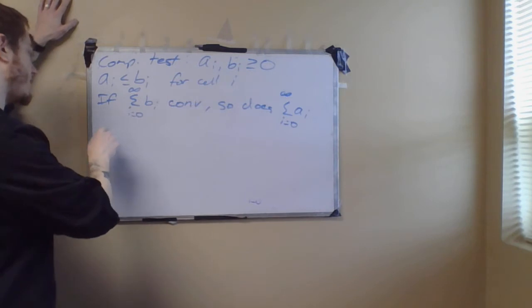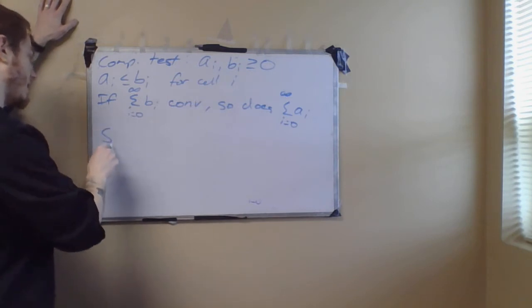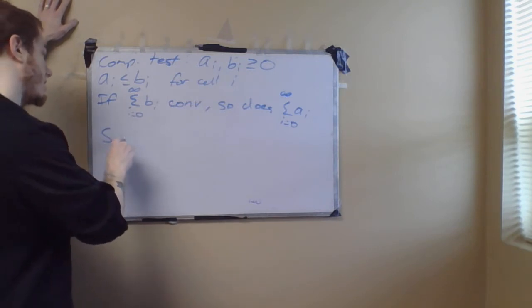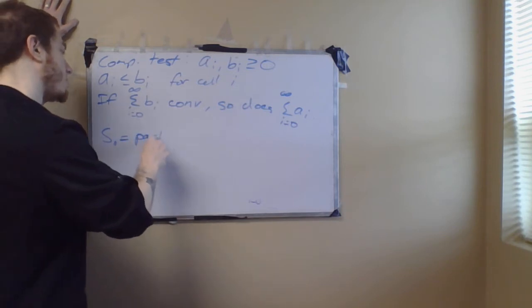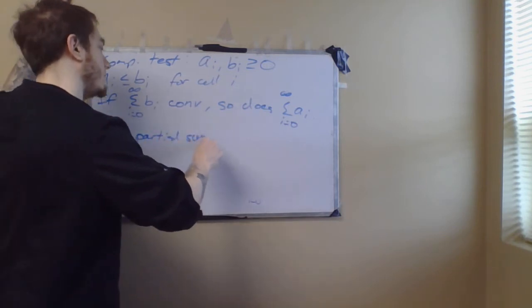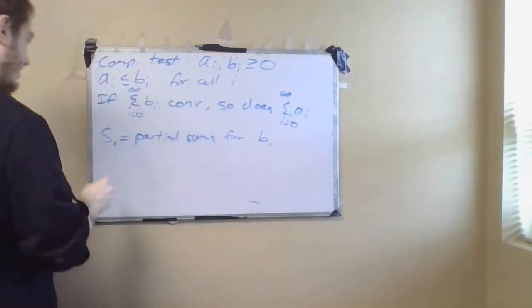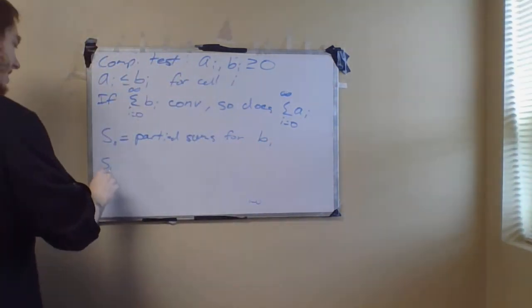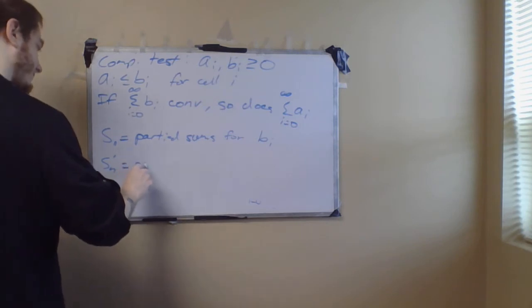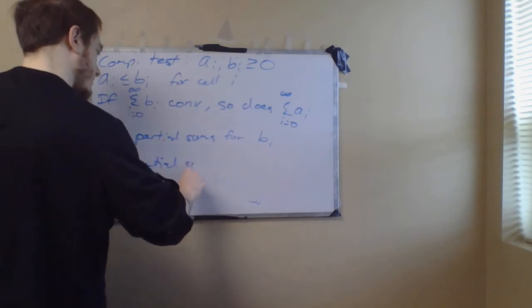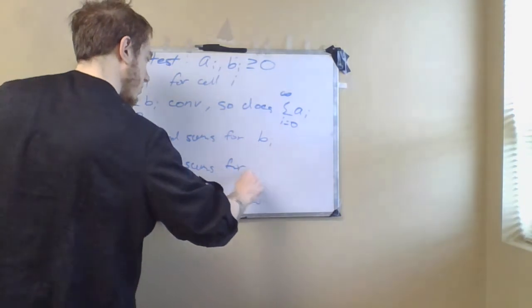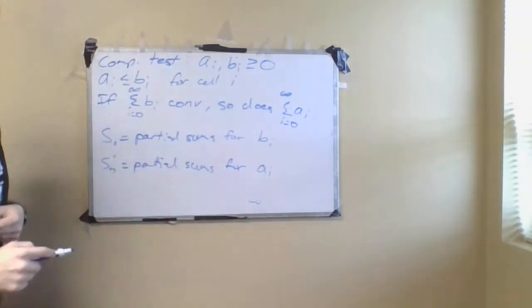Let's suppose that S n is the partial sums for the b sub i series, and S n prime is going to be the partial sums for the a sub i series.